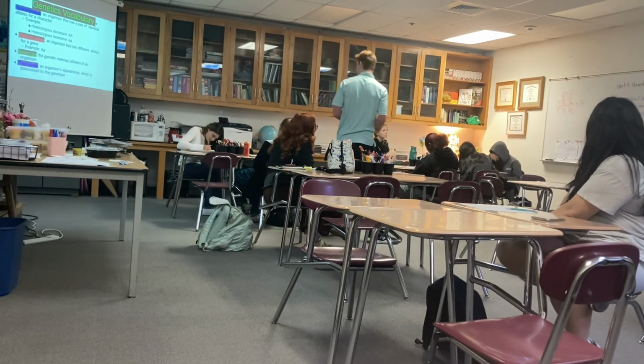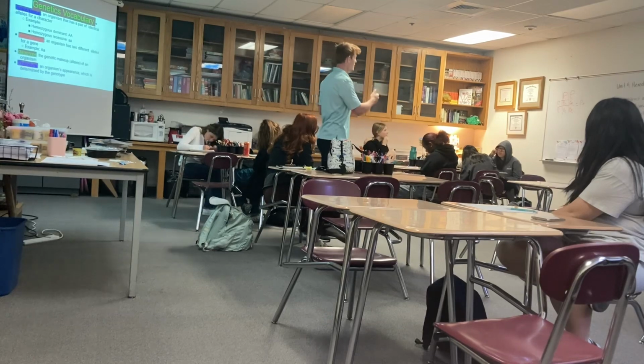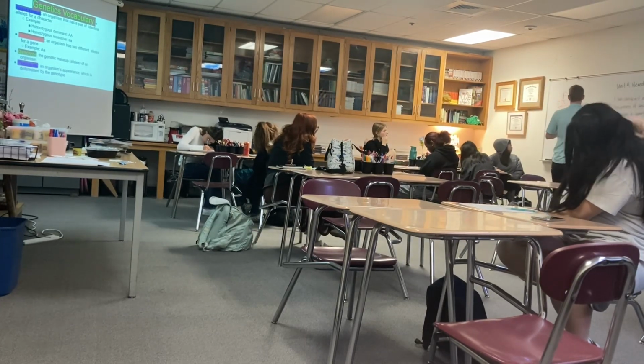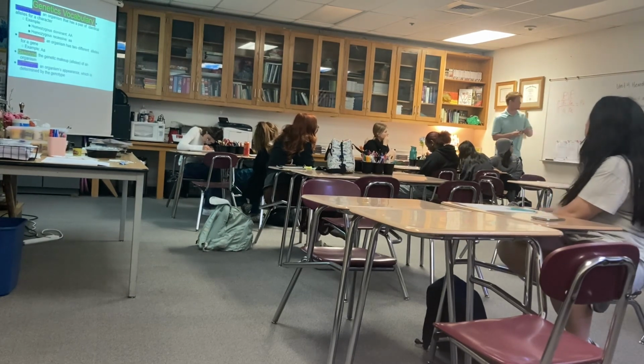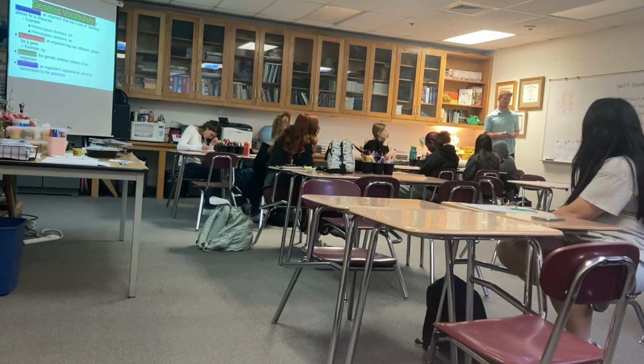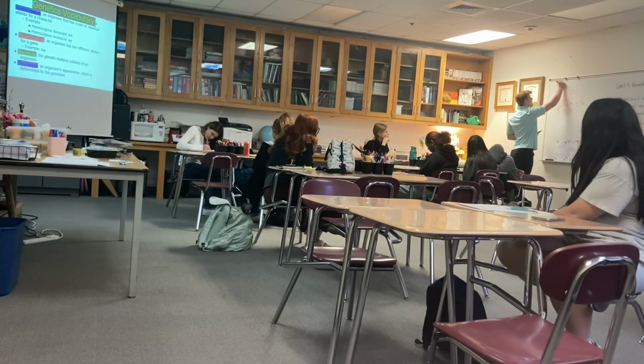So if you have one dominant allele, which in this case is big P, then that trait is gonna show. And there's actually a special case where they do mix, and it's called codominance. I'll label this real quick.